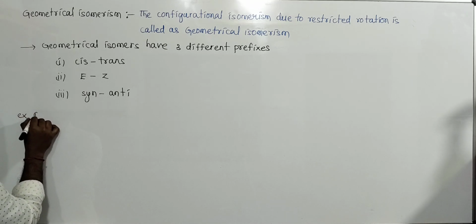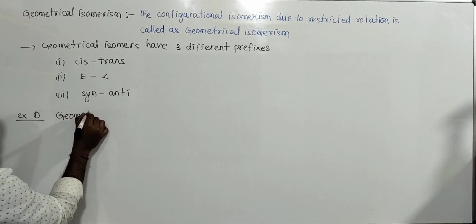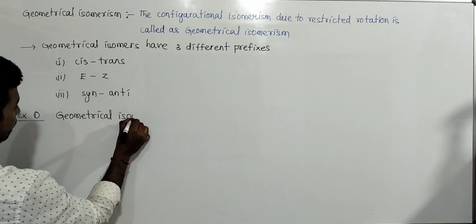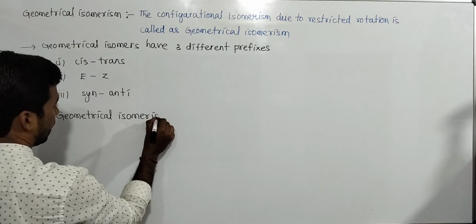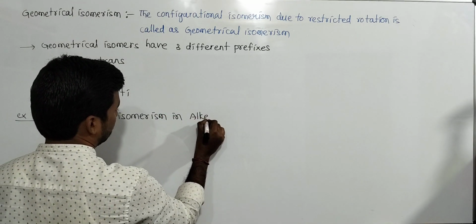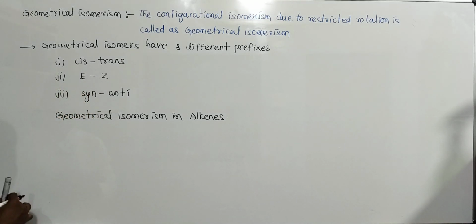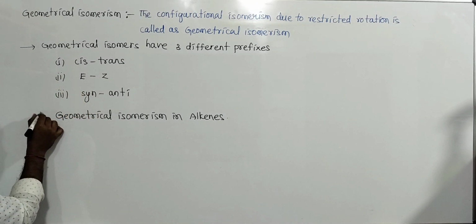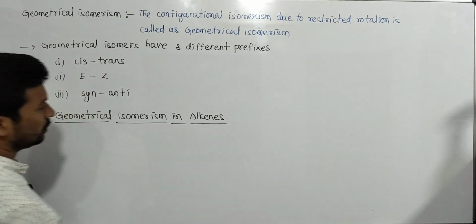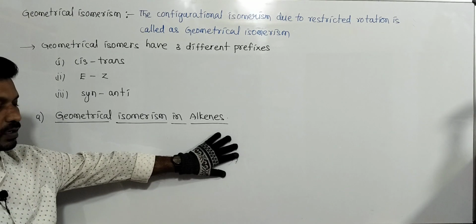Example 1, geometrical isomerism in alkenes.